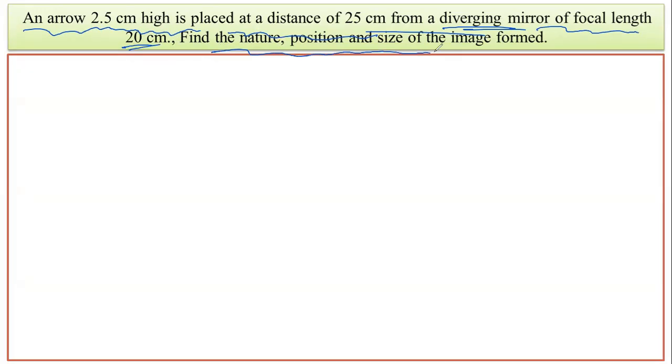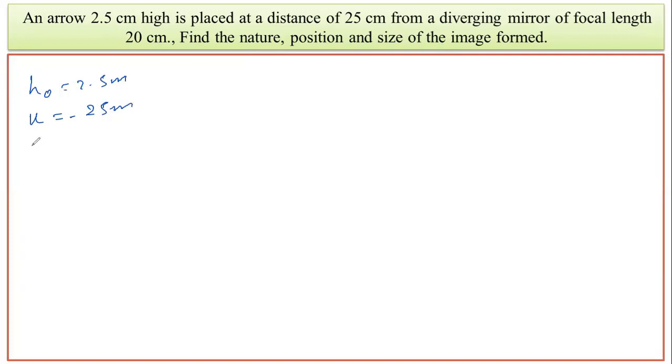I hope you all can do this. I will just give you a simple guide, and later on you all do it, and I think you will get a correct answer. So the height of the object is 2.5 centimeter. Then the distance of the object, that is u, is minus 25 centimeter.